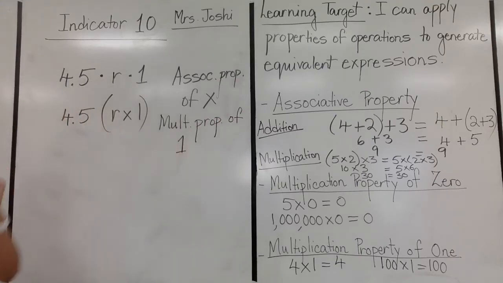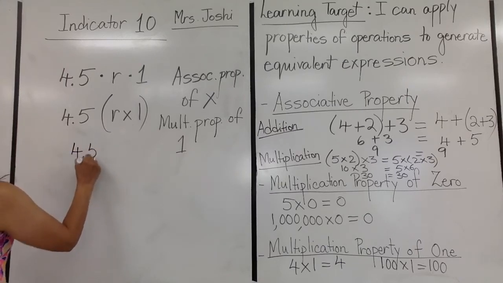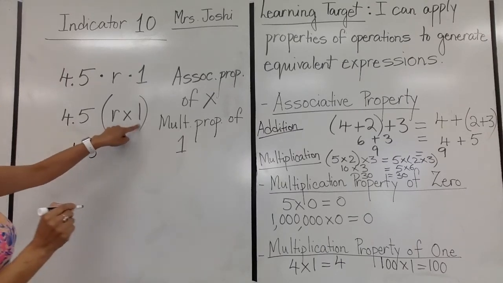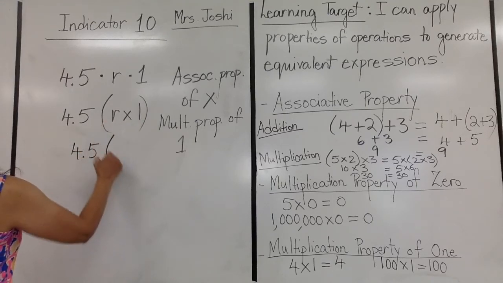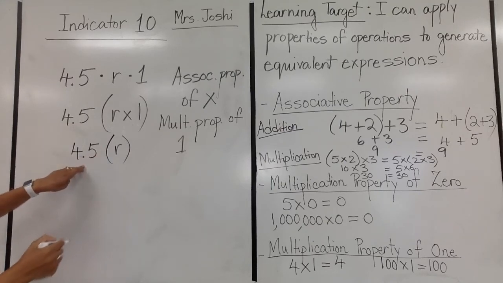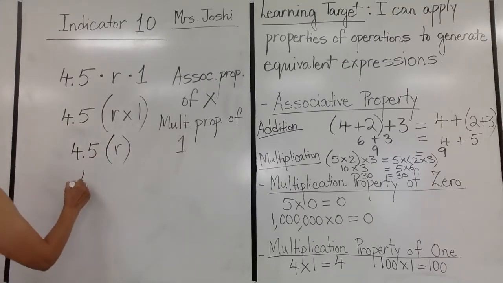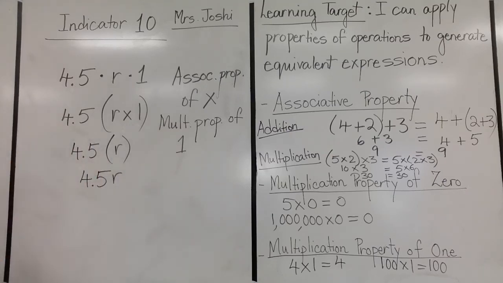Any number times 1 is the number itself. Okay? So this becomes 4 and 5/10. r times 1 is r. So this is r, and then basically I just multiply these two, and this becomes 4 and 5/10 r. And that is my final solution.